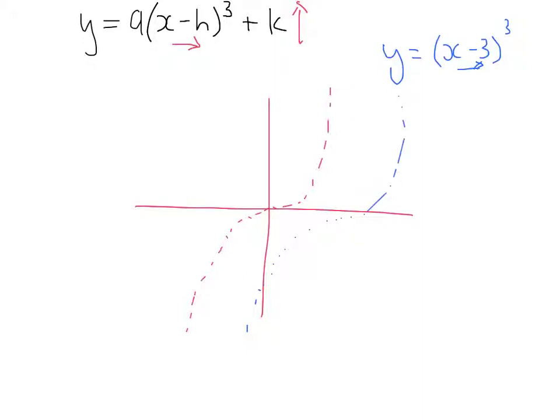If we had a graph of y equals x minus 3 cubed minus 2, that minus 2 on the end is going to shift the whole thing down by 2. So it'll be the same shape graph, shifted down, like so. These are pretty rough drawings.